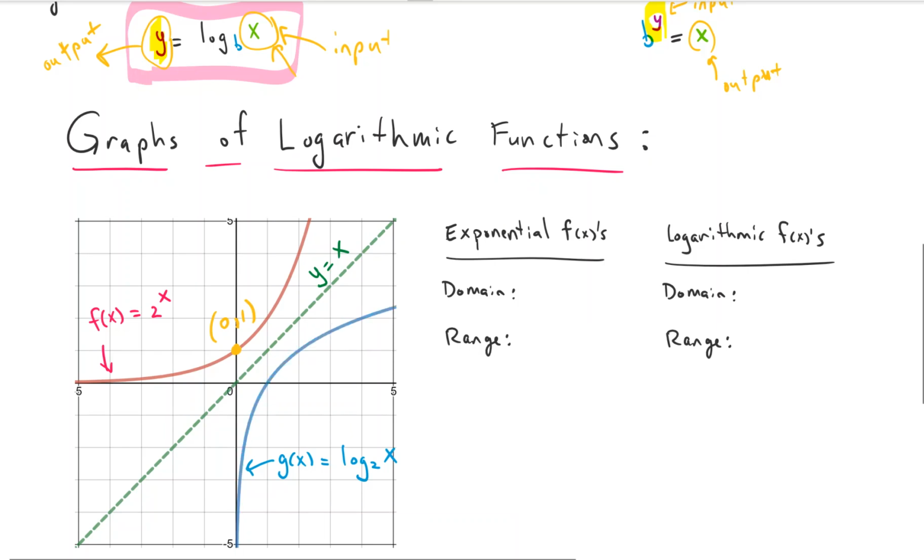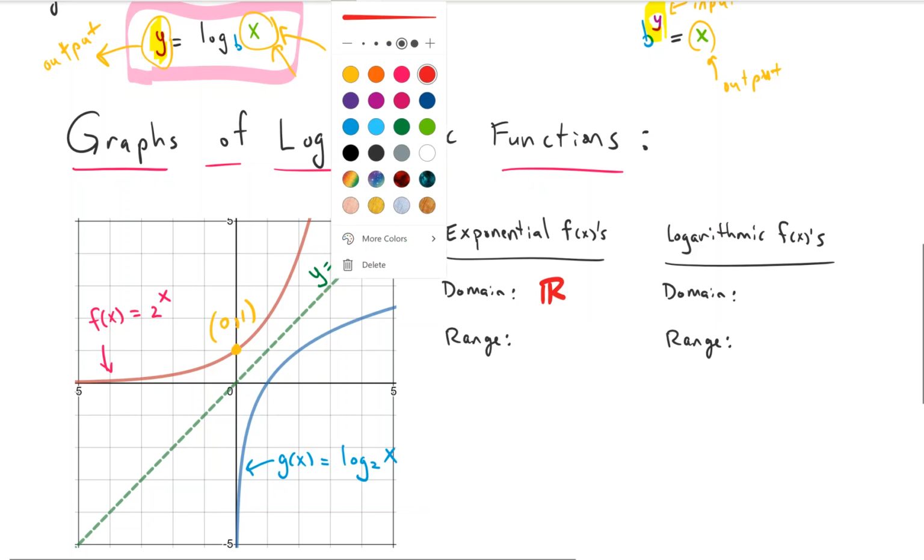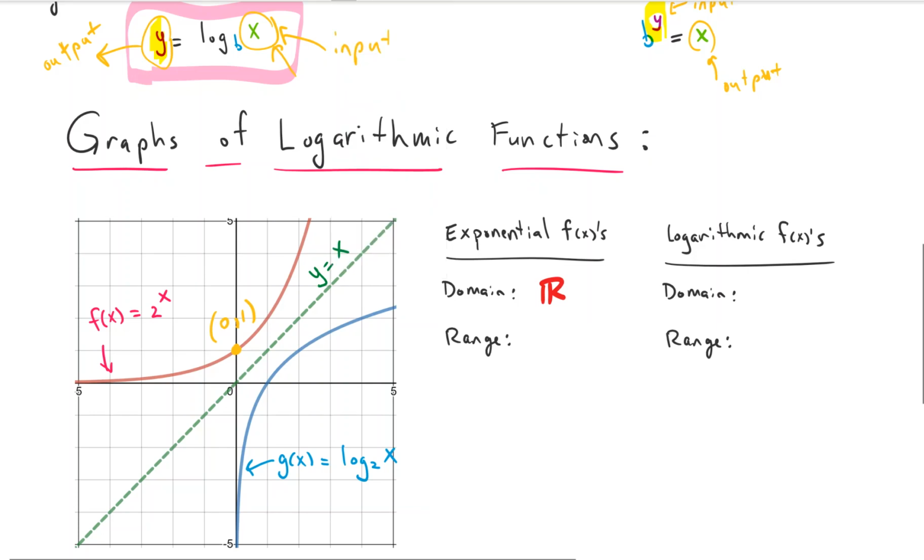So let's talk about the domain and range of the exponential function first. If our exponential function is 2 to the x, what's the domain going to be? Well, it's going to be all real numbers. And what's the range?